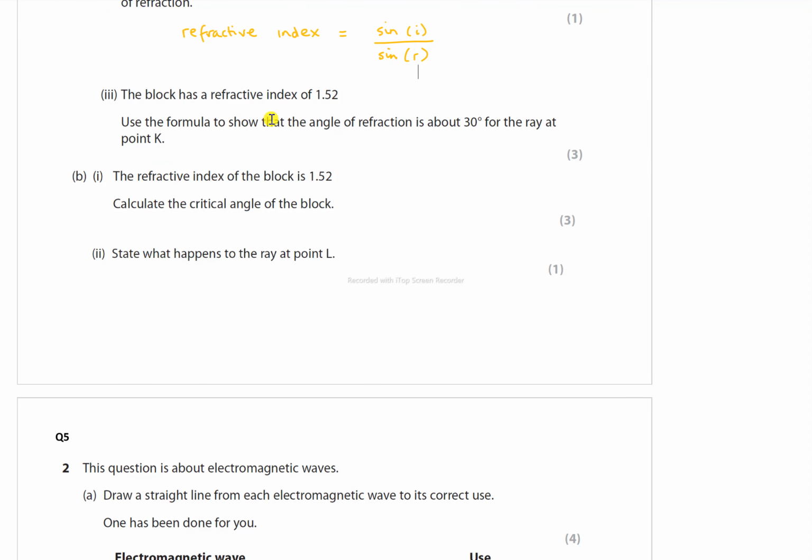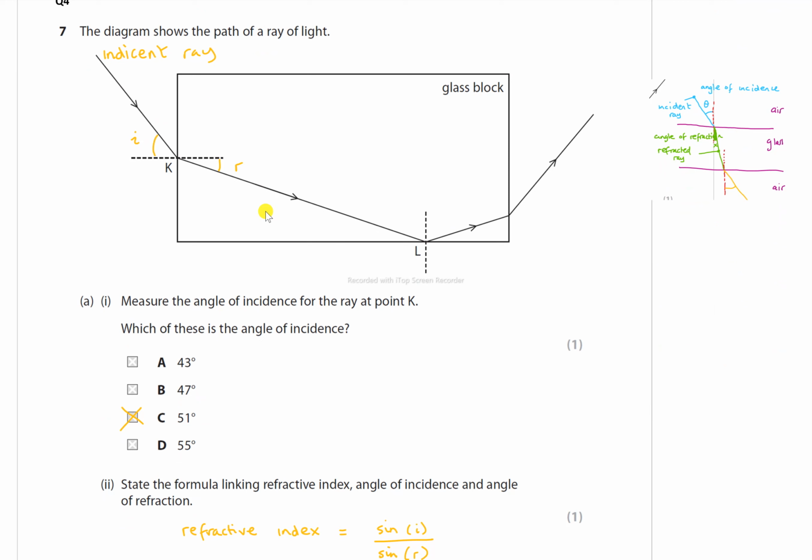Right, okay. The block has a refractive index of 1.52. Use the formula to show that the angle of refraction is about 30 for the ray at point K. So they've said to you the angle of incidence is 51 degrees. That's from there.